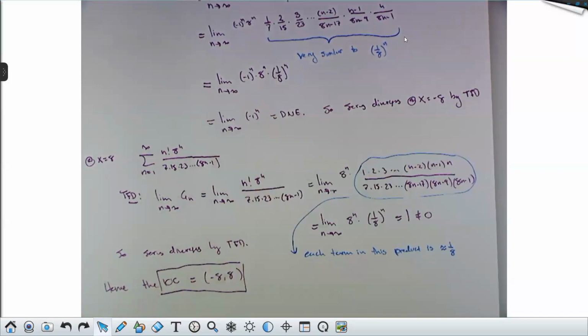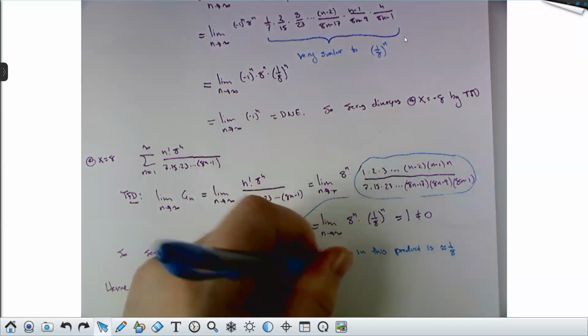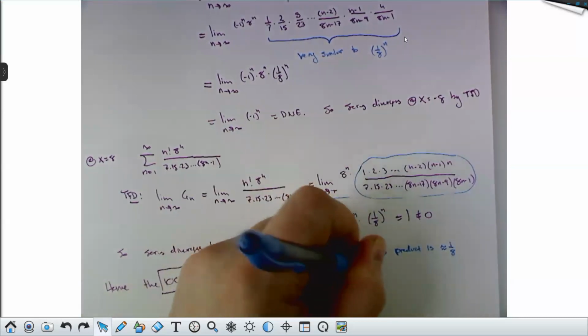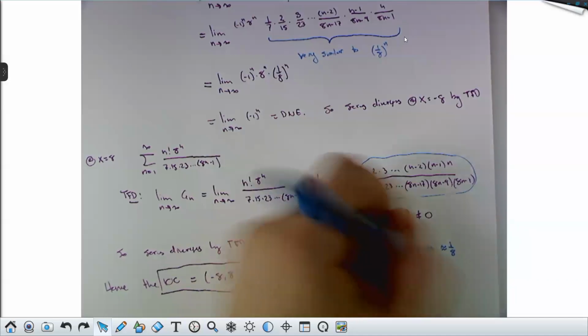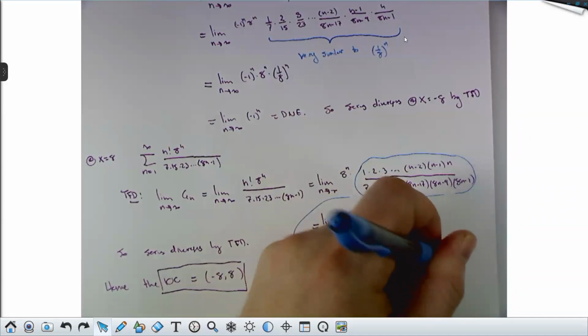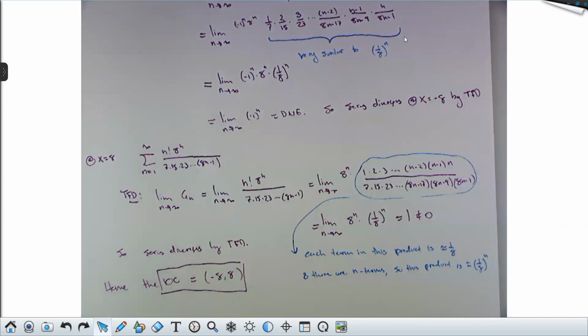Each term in this product is approximately equal to 1/8. And there are n terms. So this product is approximately 1/8 to the n. Right? And that's how we argue to get here.